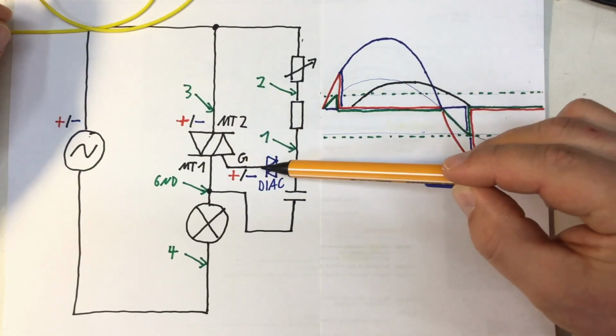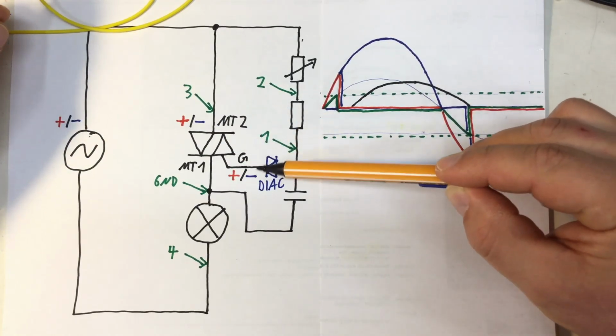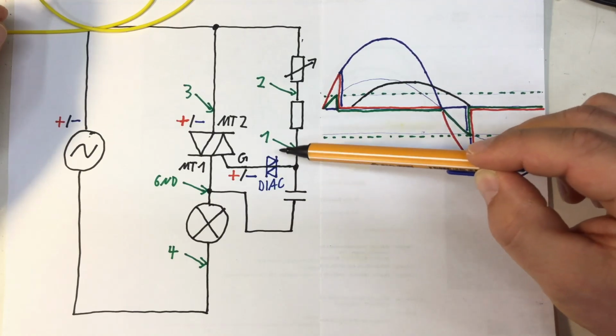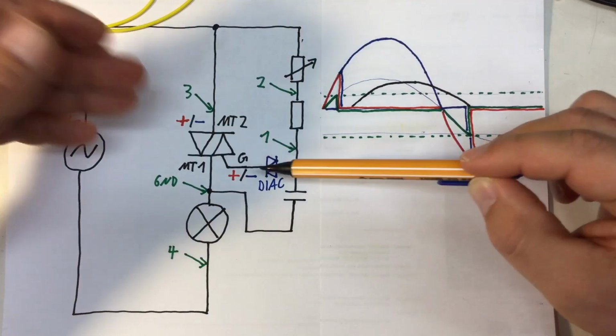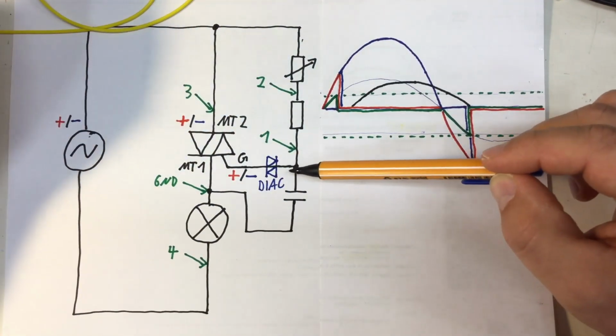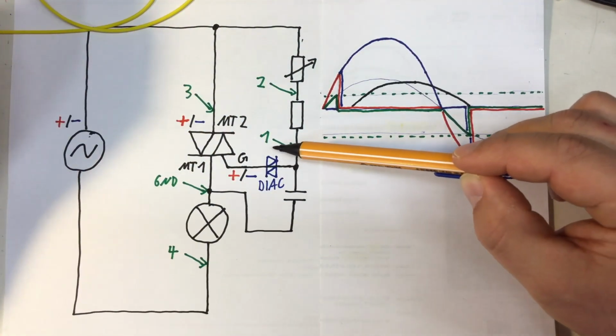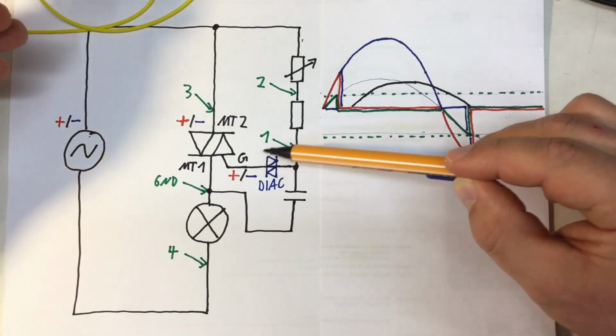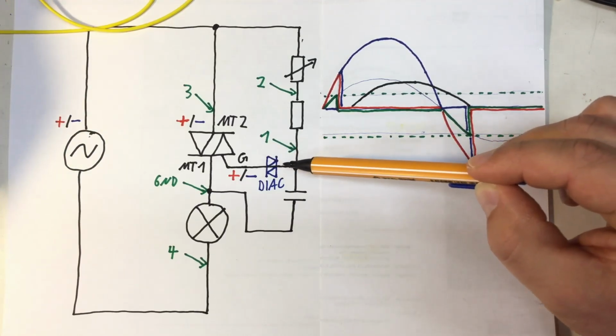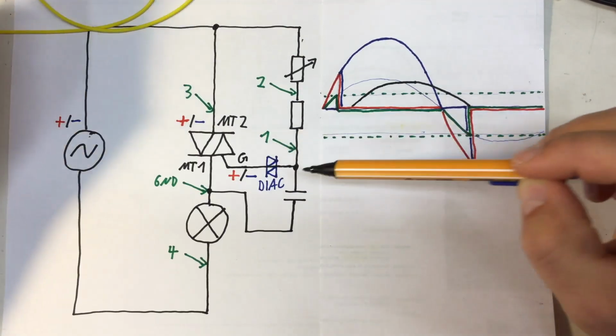Unlike a TRIAC, it's very symmetric. So if it has a trigger voltage of say 60 volts as a typical value, then maybe in one direction you need 62 volts and in the other direction 85 volts to switch it on.